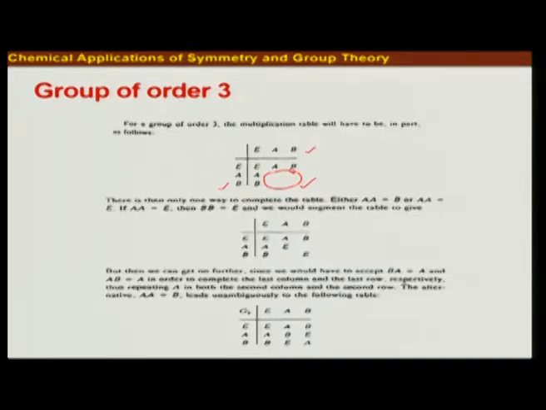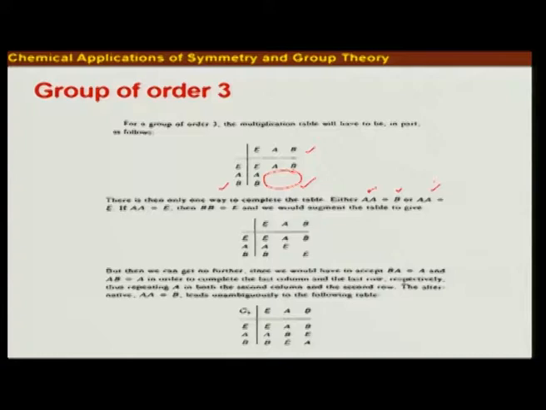We can do that only in one way. Suppose we choose that A followed by A equals B, or A followed by A equals E, which means A is its own inverse. Now, out of these two choices, if we take A followed by A is identity, then B followed by B also has to be identity.